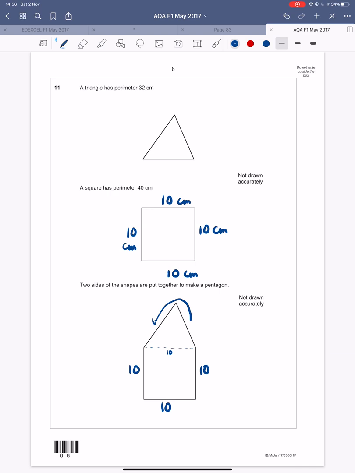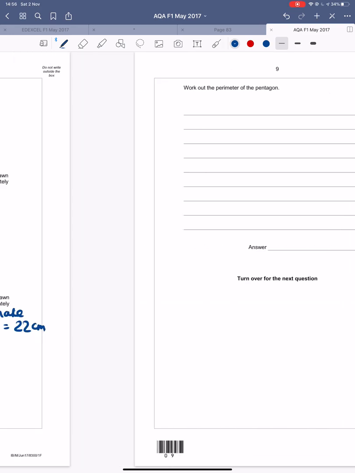Well, these two here add to make, it was 32 for the triangle, 32 minus 10, which is 22, and all these are centimetres. So that's just from that information there. I've sketched all that together. Work out the perimeter of the pentagon.